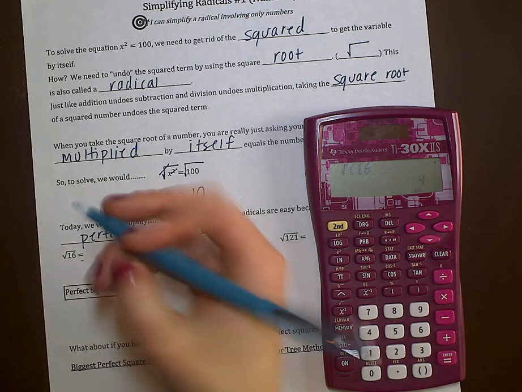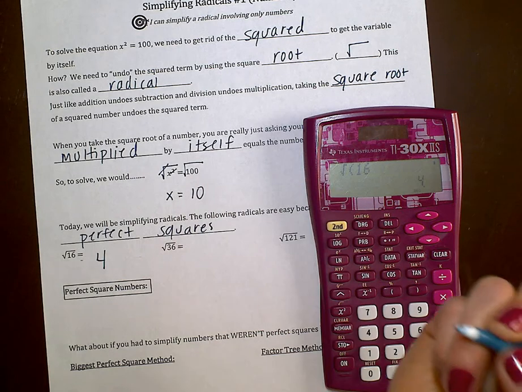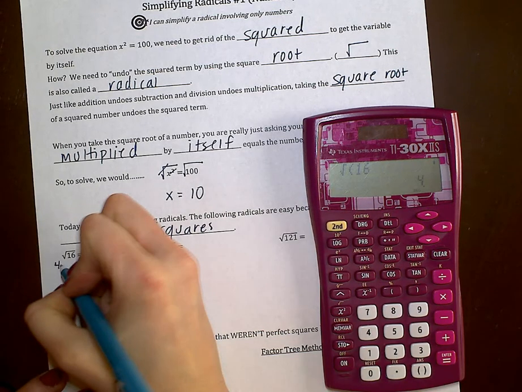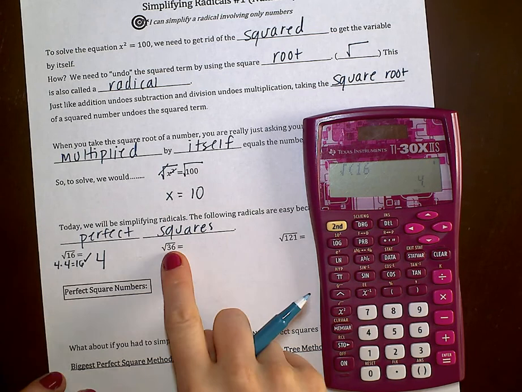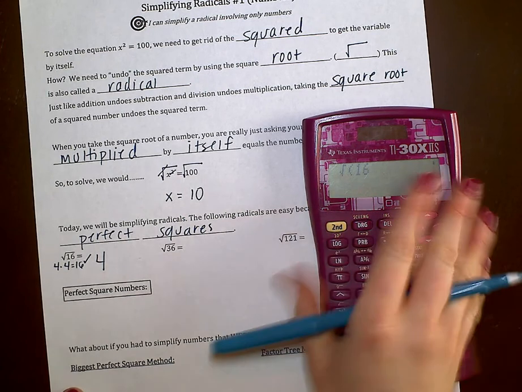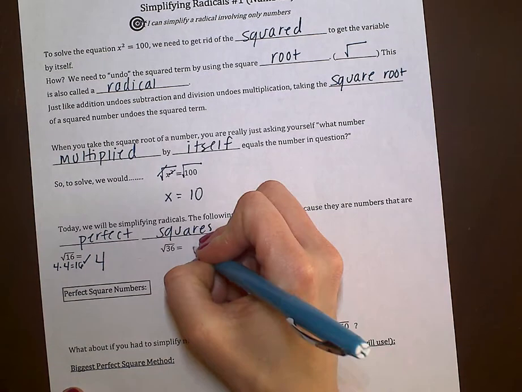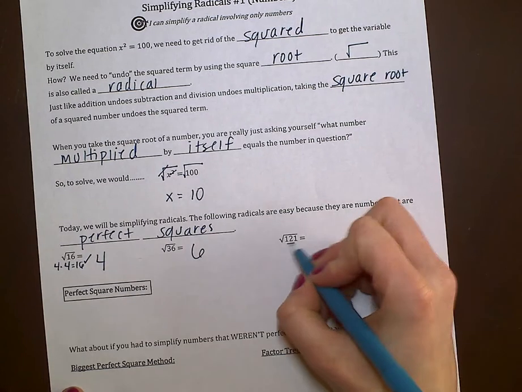Most of you know, though, that the square root of 16 is 4, because 4 times 4 equals 16. And again, the square root just means what times itself equals that number. Well, I know that 6 times 6 is 36, so the square root of 36 is just 6, and the square root of 121 is 11.